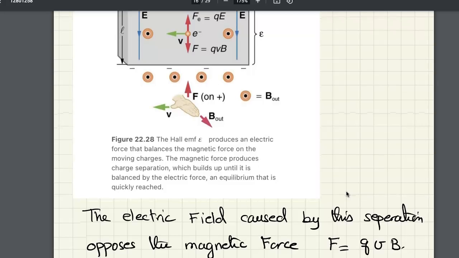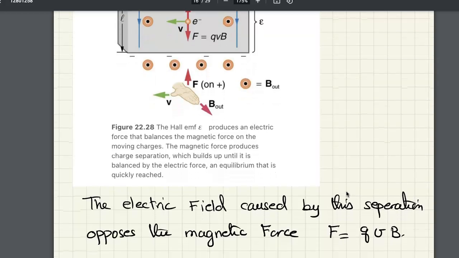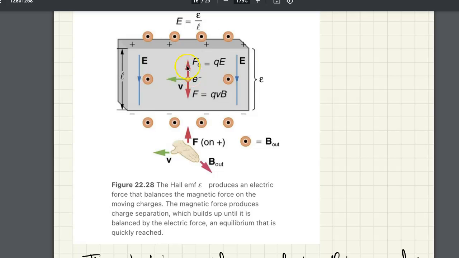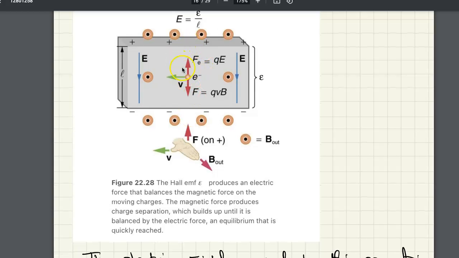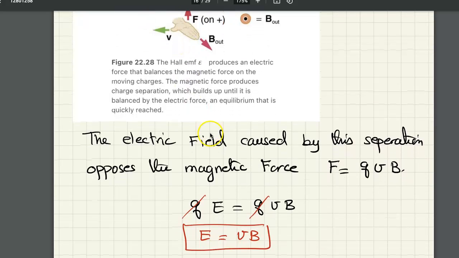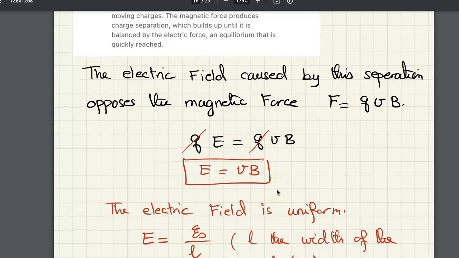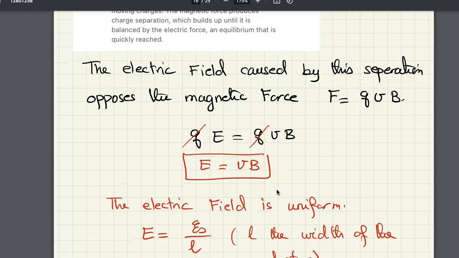The electric field caused by this separation will oppose the magnetic force. Here, this is the electric and this is the magnetic. They cancel each other, and then E can be calculated as V times B.